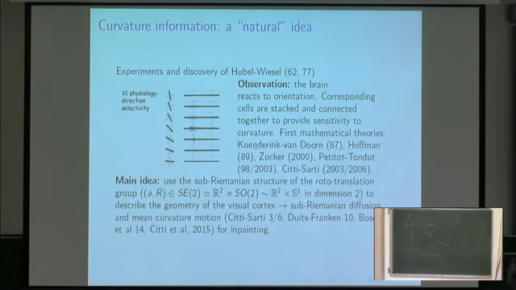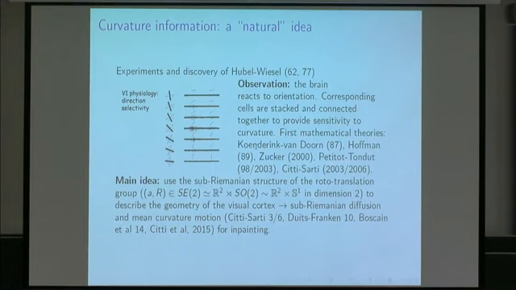And okay, so this structure has been described and used by geometers and analysts who were studying sub-Riemannian metrics and sub-Riemannian manifolds, and in particular Citti and Sarti, and also Remco Duits in Holland, and also Boscain and others have studied the diffusion and curvature motion in this particular topology.